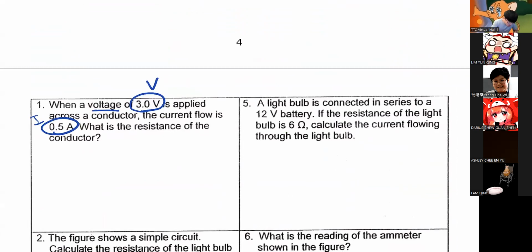What is the resistance? So I put a R question mark there. That means this is what I want to find. So according to our formula, R equals V over I. So your V is 3. Your I is 0.5.